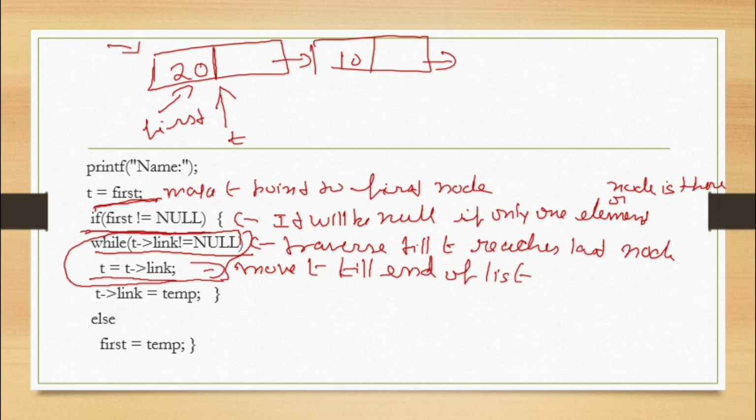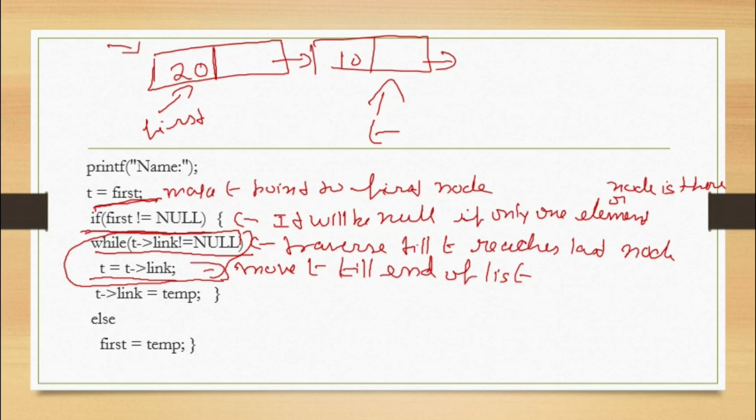So when I do this, t, which was here, will move here now. In this list we have only two nodes, so in this case the condition will become false now. That is, t of link will become equal to null.